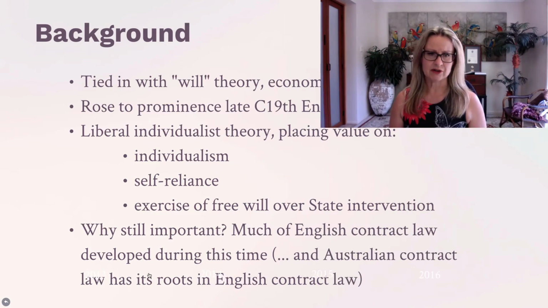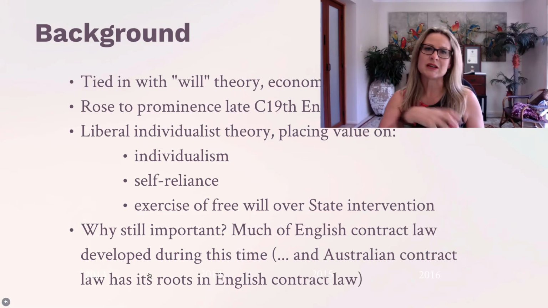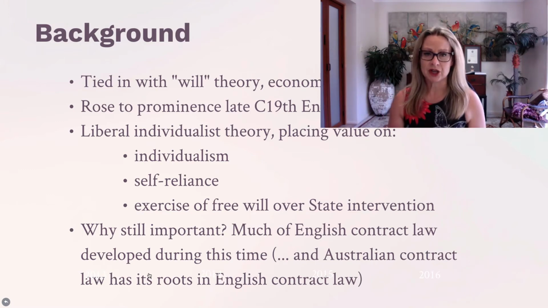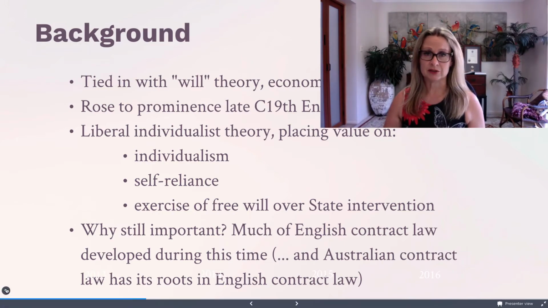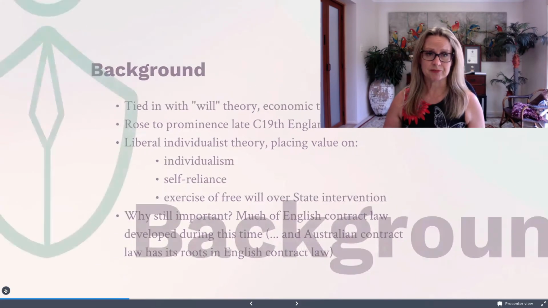So the hallmarks here are individualism, self-reliance, and exercise of free will over state intervention. Why is it important? Obviously, contract doctrine's heady days were in the 1850s onwards in England, and that was precisely the time that contract law was imported into Australia from England in terms of our settlement, and it still continues to be a very heavy influence on Australian lawmaking to this day.